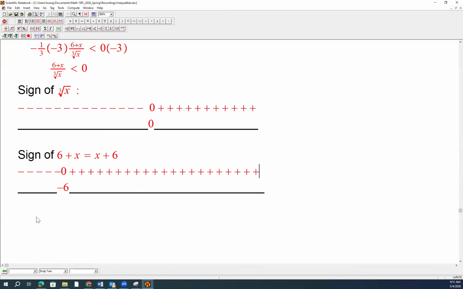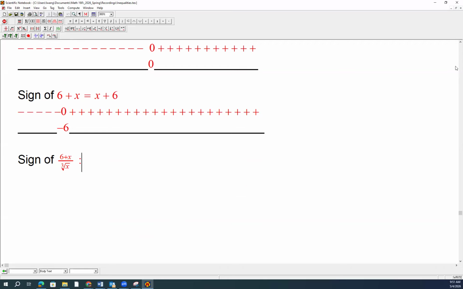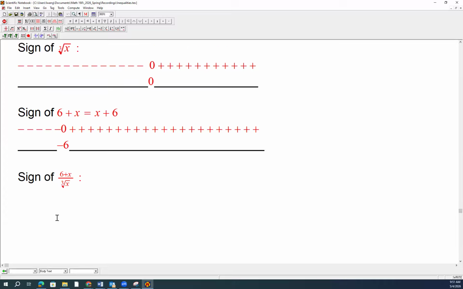Okay. So in the end, we want the whole thing to be negative. So the sign of this piece, on the number line, we got a -6 and we got a 0 here.